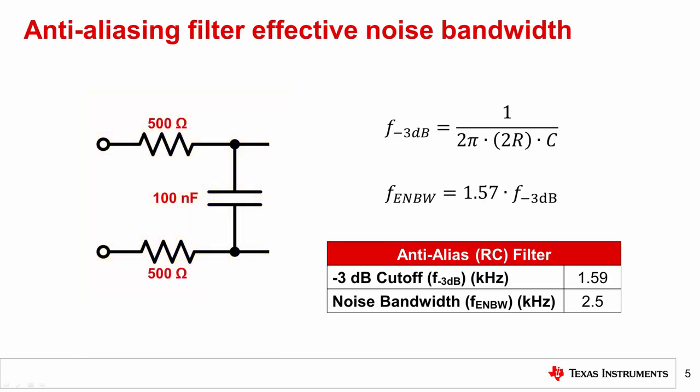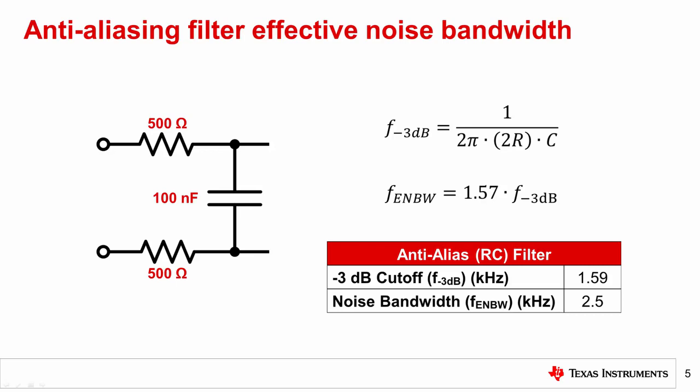Take care when choosing components, as using large component values to reduce the filter's noise bandwidth may cause unwanted issues. For example, increasing the filter capacitor from 100 nanofarads to 100 microfarads reduces the filter's effective noise bandwidth by a factor of 1000, but also increases the settling time by the same factor due to a larger RC time constant.